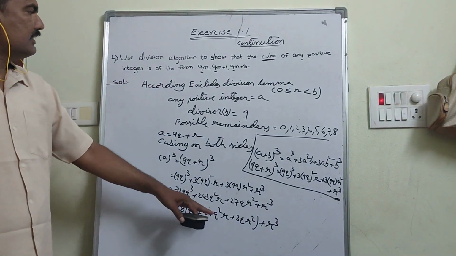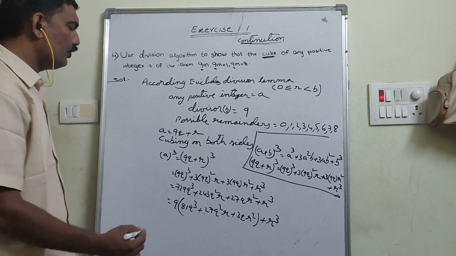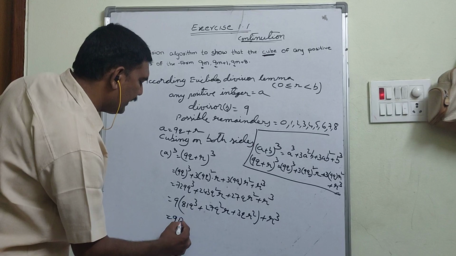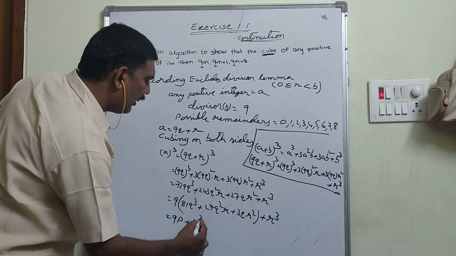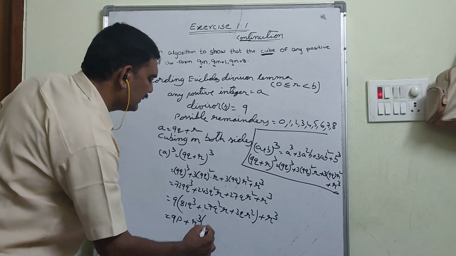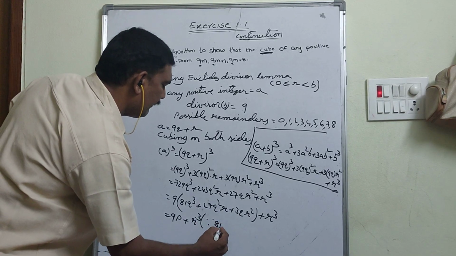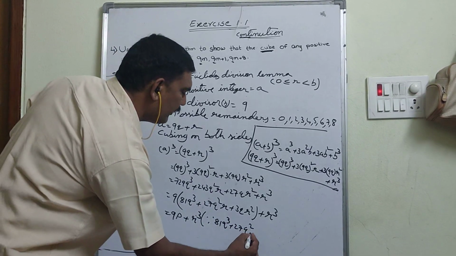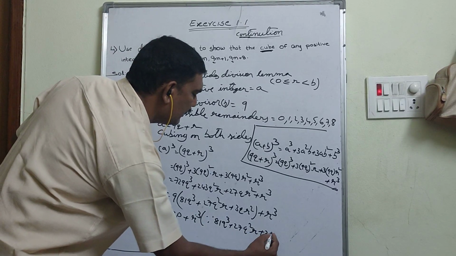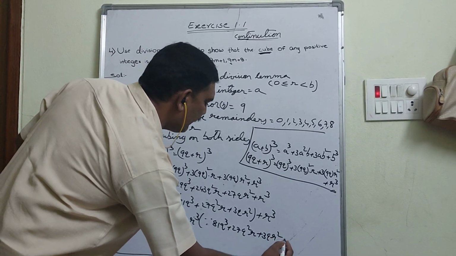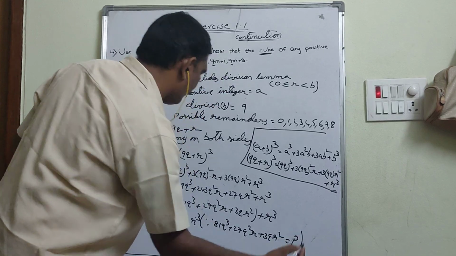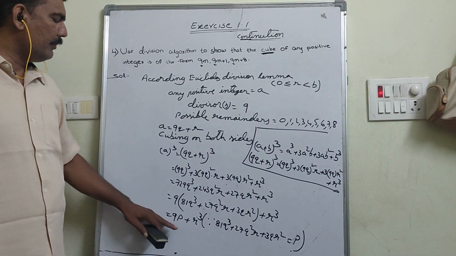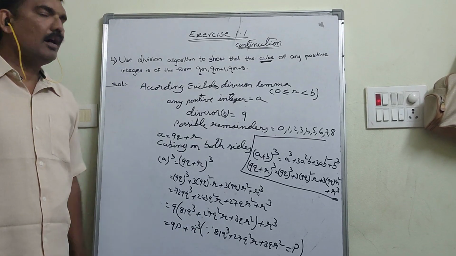Whatever is inside the brackets, you can assume as p. 9p plus r cube. Since 81 q cube plus 27 q square r plus 3 q r square value you assumed as p, cube of any natural number will be in the form of 9p plus r cube.